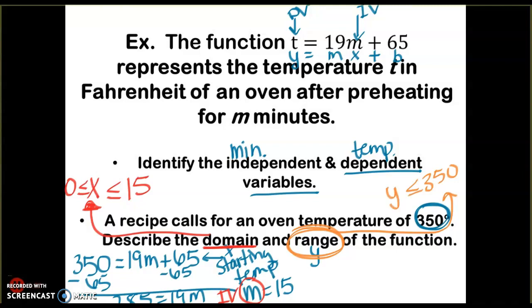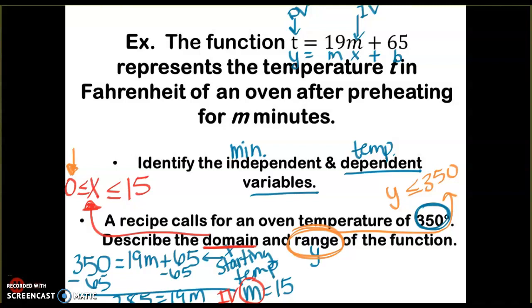And then we're going to talk about what it's going to start with. If I'm talking about a 0 starting point for my independent variable, I can plug that into my equation and figure out what temperature it started with.